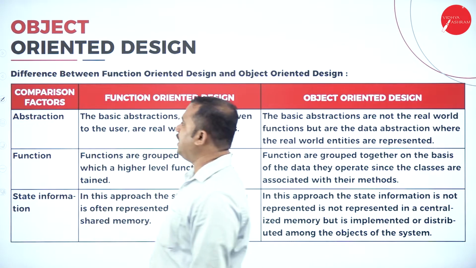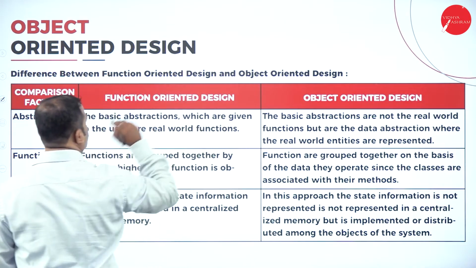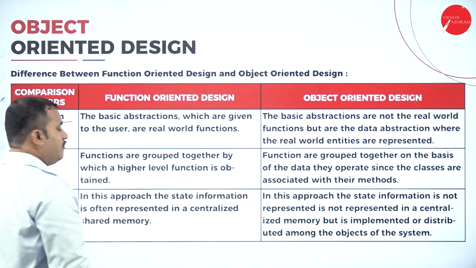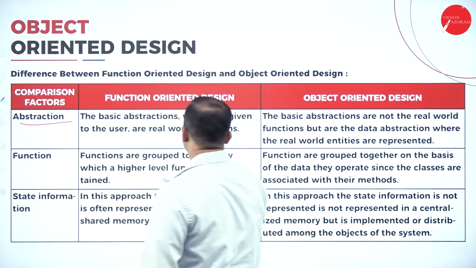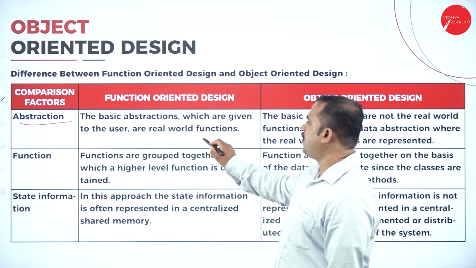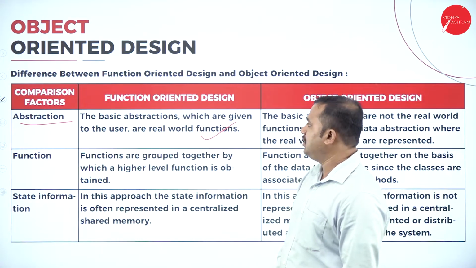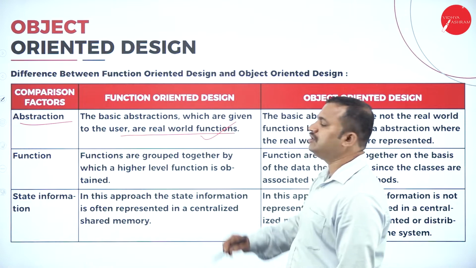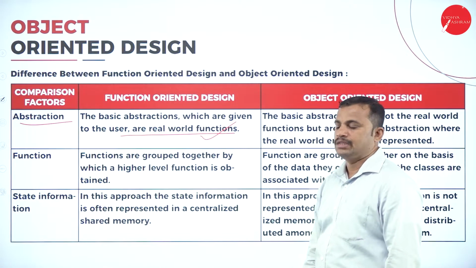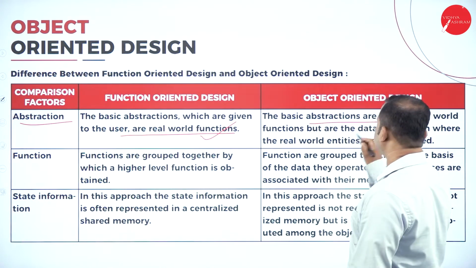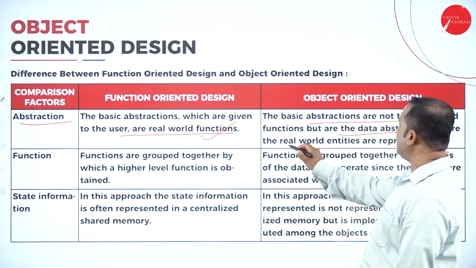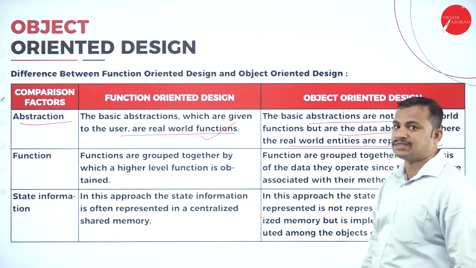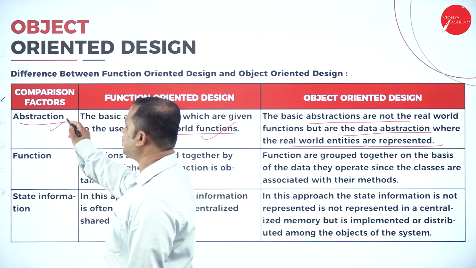Then moving on, we have the differences between function-oriented design and object-oriented design. With respect to abstraction, function-oriented design involves abstractions given to the user that are real-world functions, whereas in object-oriented design, real-world entities are represented as the parameter for abstraction.